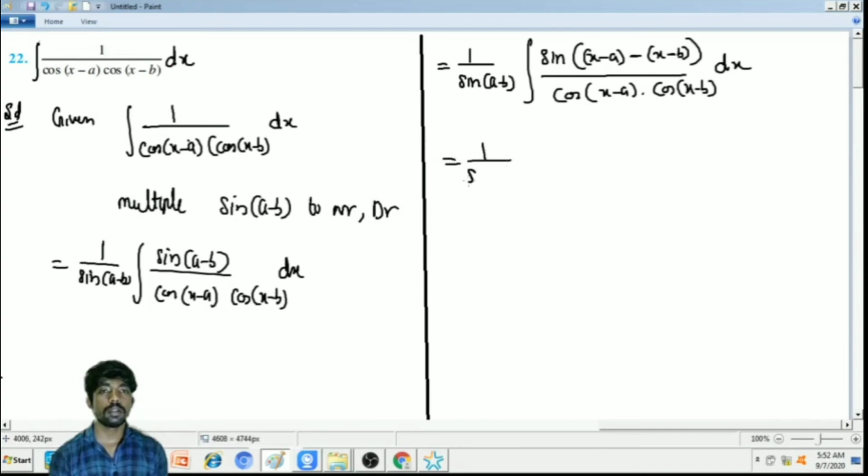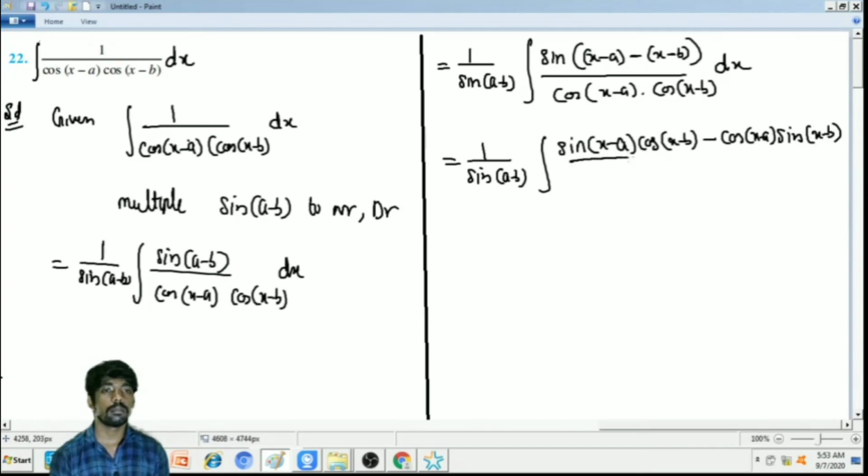So 1 by sine of a minus b integration of sine of a minus b, using the compound angle formula sine a cos b minus cos a sin b: sine of x minus b cos of x minus b minus cos of x minus a sine of x minus b, by cos of x minus a into cos of x minus b dx.